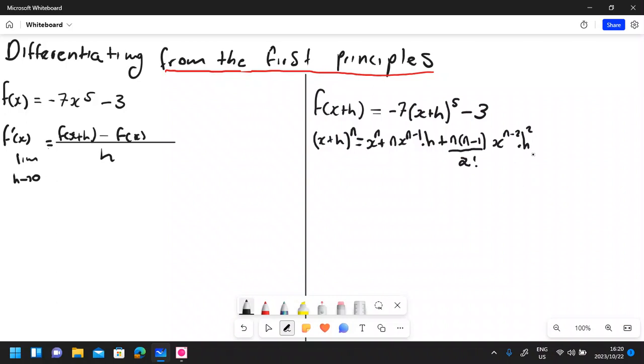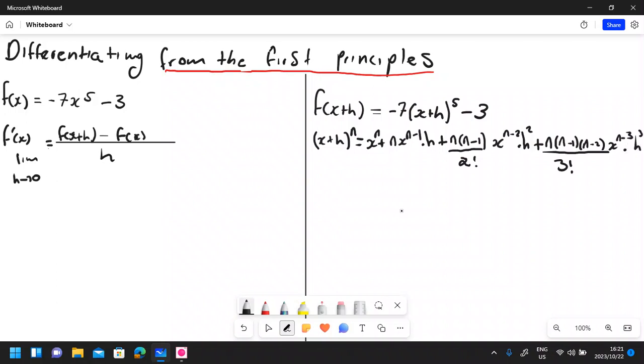This is the third term. Now the fourth term is going to be n multiplied by n minus 1, and then another one, n minus 2, and the factorial here is 3 factorial, and then we have x to the power of n minus 3 and h to the power of 3.